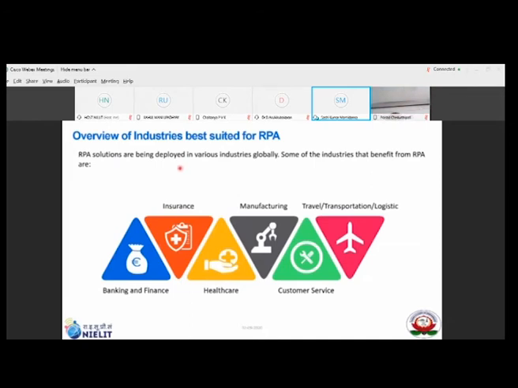Finally, talking about the industries where you can apply, the first primary place where this is being used is banking and finance, BFSI: banking, finance, and insurance. There is too much paperwork. Even though there is internet banking, the number of people who use internet banking is still only 20-25%, as RBI said.